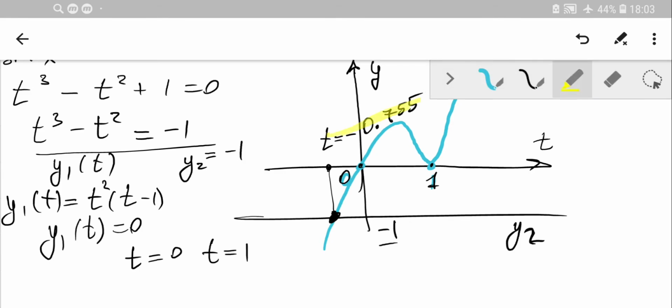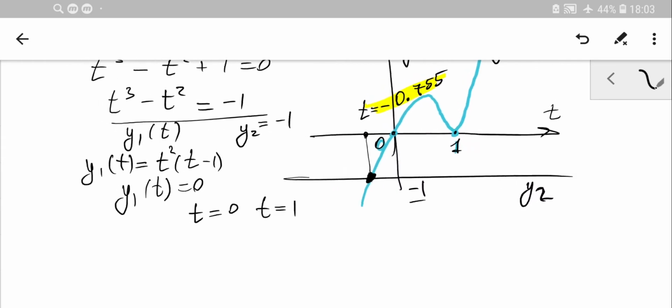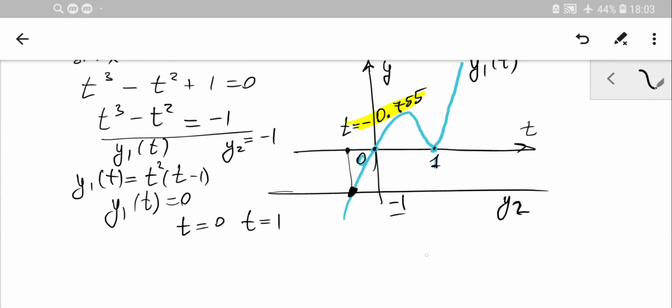But what do you do on the exam, where you need to estimate somehow? The point of intersection of y1 with y2 gives one single value for t.